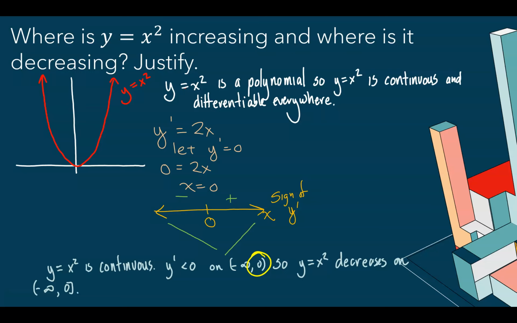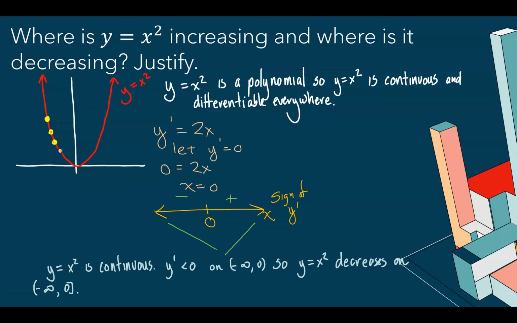Because y prime isn't positive at 0, y prime is equal to 0 at 0. We did that work when we were looking for critical values. And then we say, so y equals x squared decreases from -∞ to 0. But notice we do include the right-hand endpoint 0 here. And that bothers a lot of students because of an incomplete definition of decreasing.